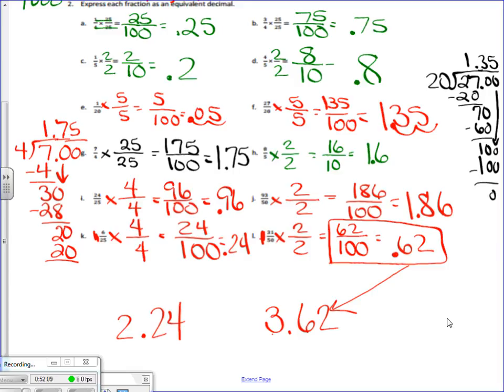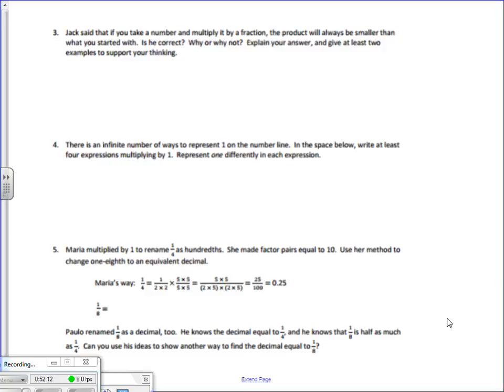So I'm only going to spend 1 bit on the back because we've got to do 1 bit on the social studies, and that's all I'm going to do. Okay? 1 problem on the back. On number 3. It says, Jack said that if you take a number and multiply it by a fraction, the product, what do they mean when they say product?